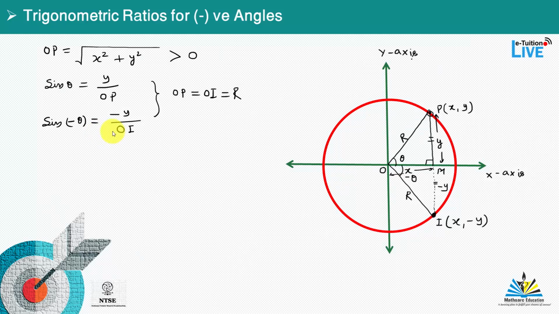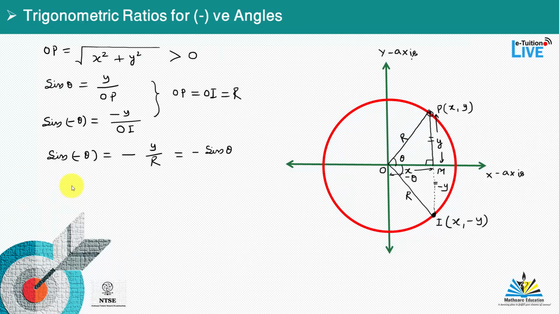So what you can observe here is that sine of minus theta is equal to minus y upon OP, and OP and OI are the same, that is the radius, hence this is minus y upon radius, and that is minus sine theta.